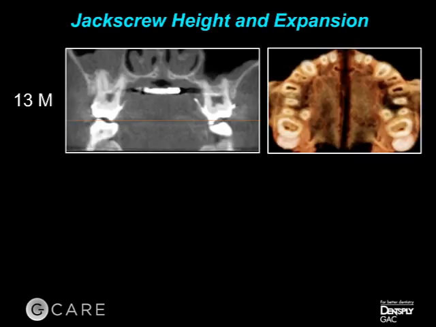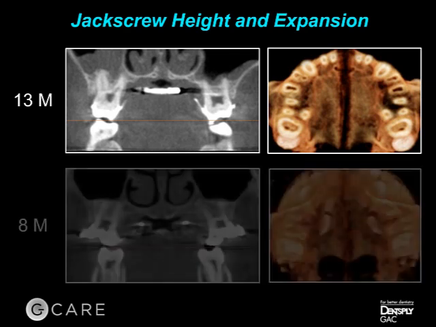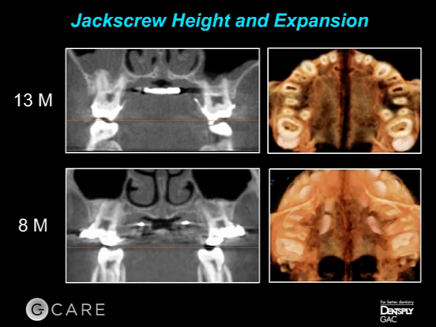To reinforce that even more, if we look at that case of the 13-year-old boy, where that screw was as high up as possible, and now compare that to the case of an 8-year-old boy, where the screw is much, much lower. These were both 8 millimeter expansion screws.